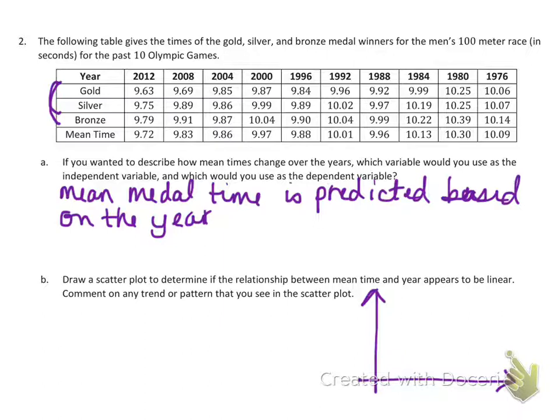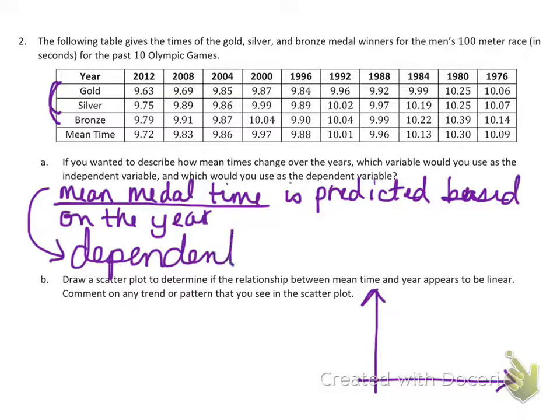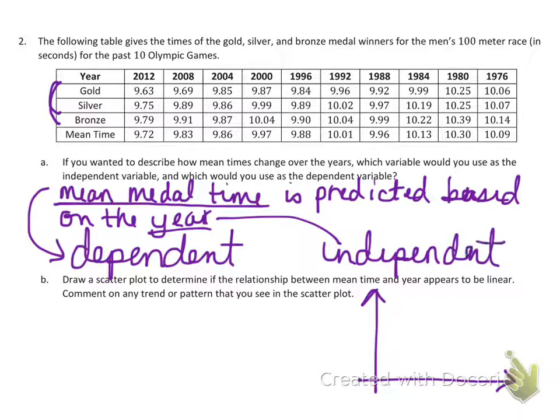So mean medal time is the dependent variable, I guess I didn't really finish talking about that. It's dependent because it's what we're going to predict, and the year is the independent, or the predictor variable. So we're going to have year on the horizontal axis, and mean time on the vertical axis.